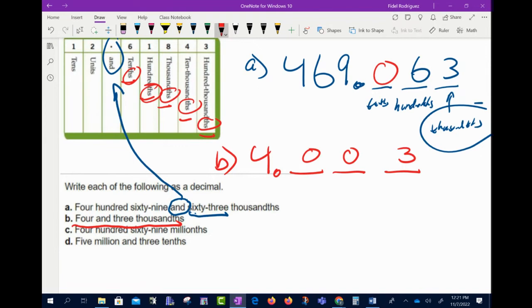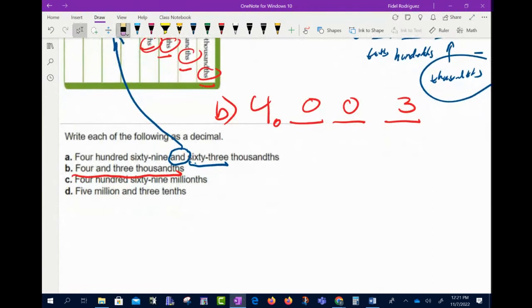Okay, y'all, when I look at part C, I'm just going to get rid of that red line right there. I'm going to look at part C, and it says 469 millionths. The first thing I notice, I don't see the word "and." That just tells me the number in front of my decimal point would be a 0. So look, I'm going to go like this, 0.